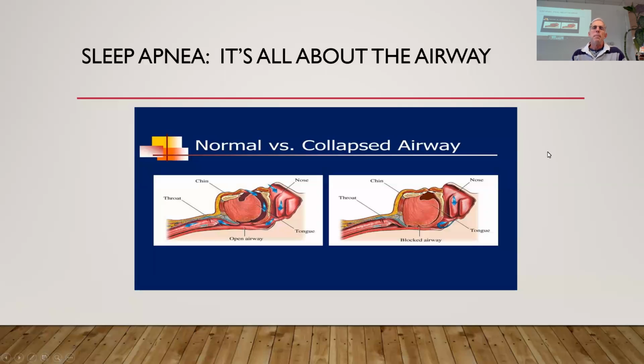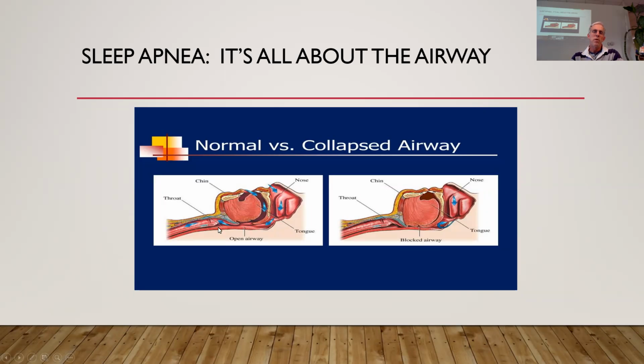Okay. Basically, sleep apnea is really all about the airway. And what you're seeing on the screen right here is an individual in a cutaway, and you can see the tongue represented here by this large solid mass of tissue.